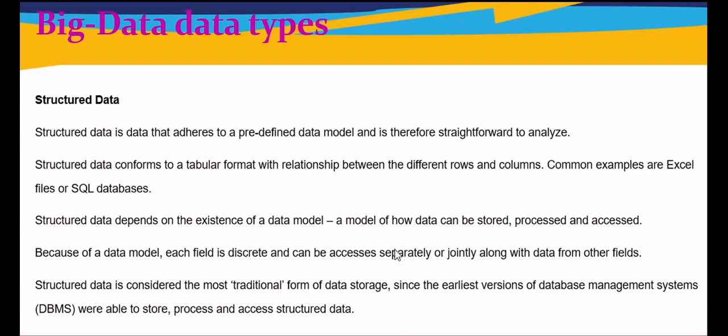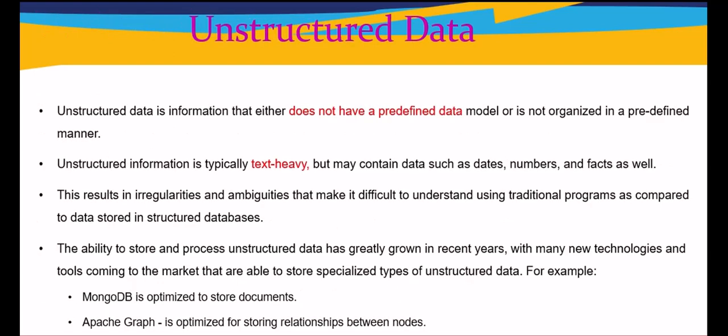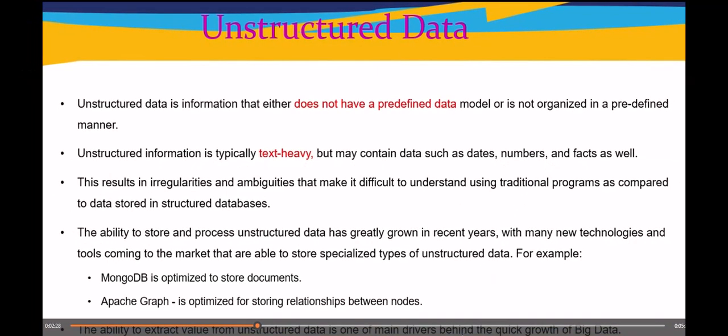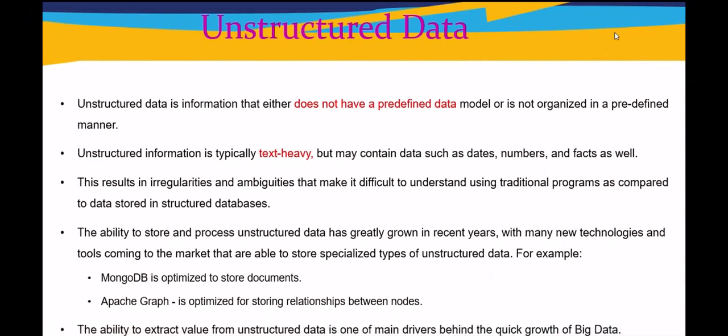So the other is unstructured data. It is information that either does not have a predefined data model or is not organized in a predefined manner. It is without proper formatting and alignment. Unstructured information is typically text-heavy but may contain data such as dates, numbers, and facts as well.